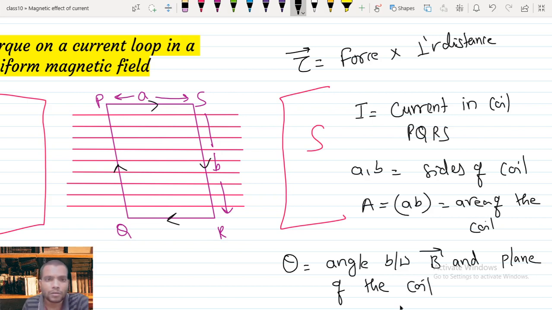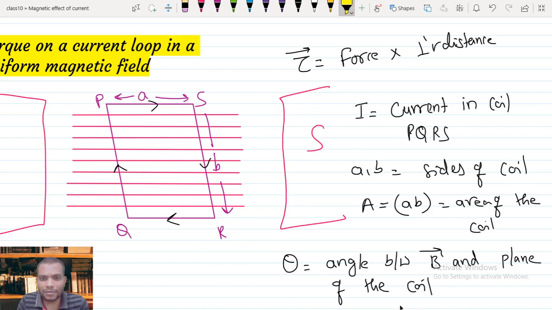Plane of the coil. Plane of the coil means, suppose you consider your right arm as a coil, just punch a vector in your right arm, just stick it like this. Now if you rotate your arm, this vector also rotates. Area is a vector, so to represent the area of the plane we need a vector's help.